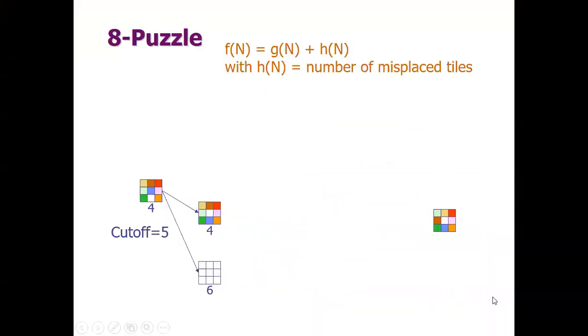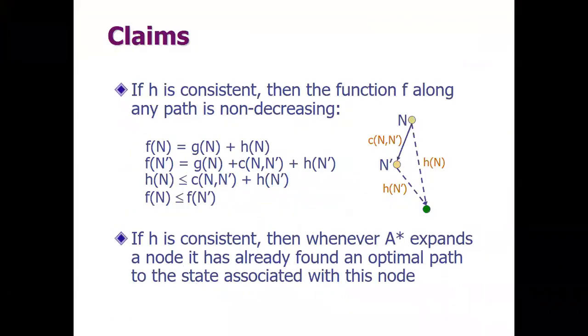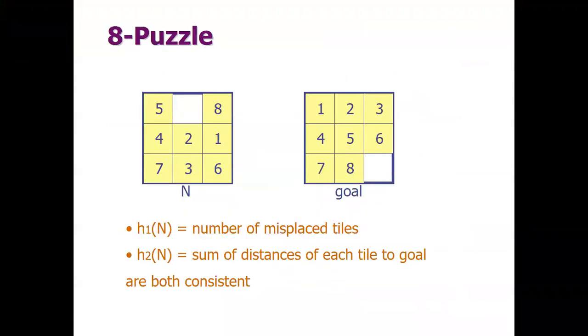So see here, this is the 8 puzzle problem. This is an example of an 8 puzzle problem we are discussing. If you want to solve this problem using a heuristic search technique, then we should have a heuristic function.